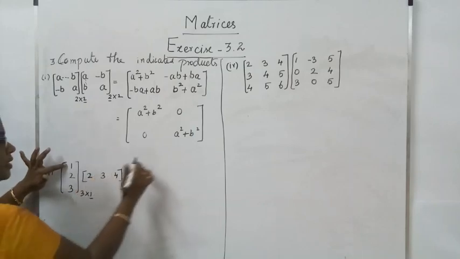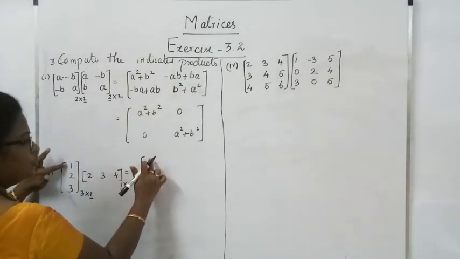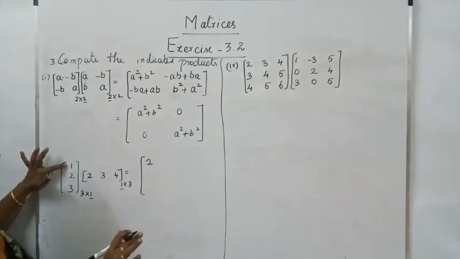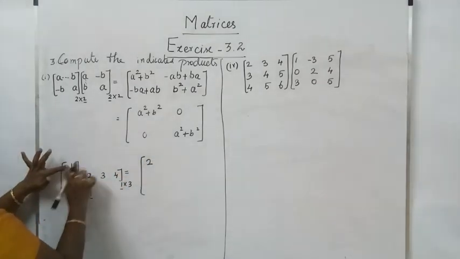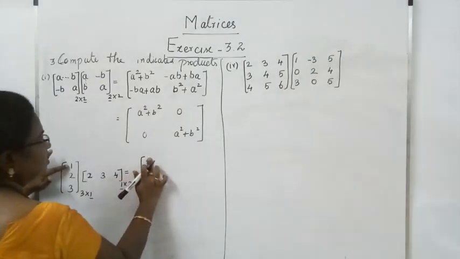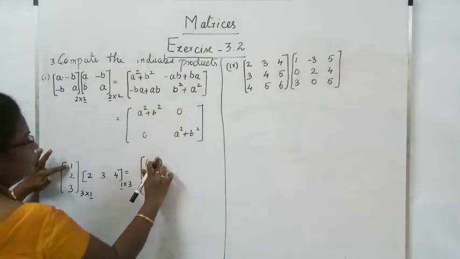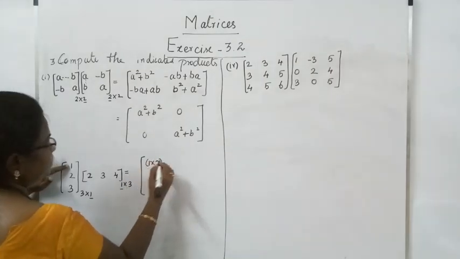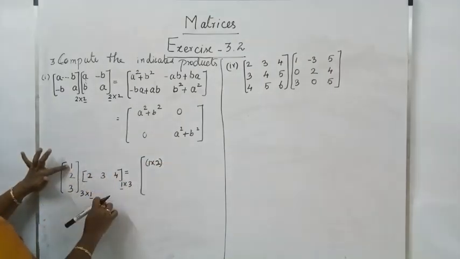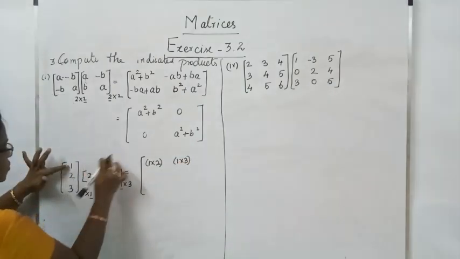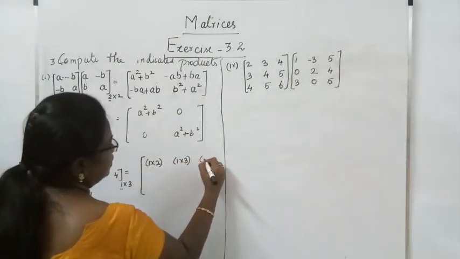It has to be written in first row, first column: 1 into 2. That's all. And first row, second column. See here, if you want, you can write it like this: 1 into 2. And first row with second column, 1 into 3. First row with third column, 1 into 4.